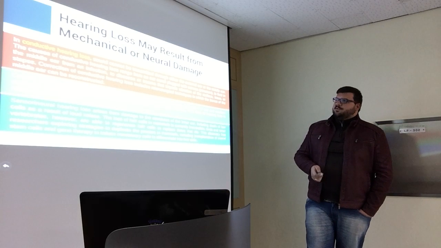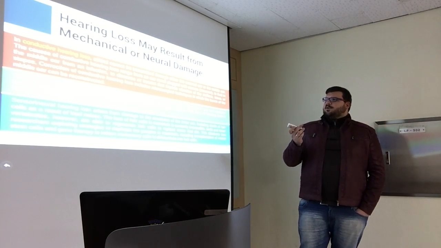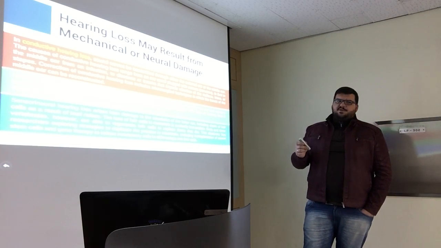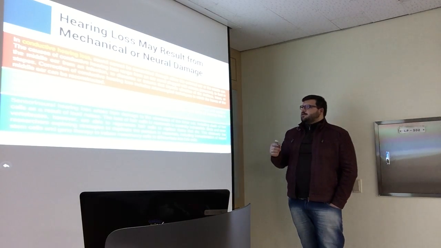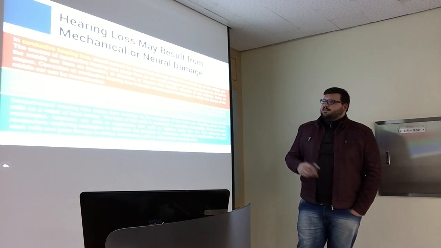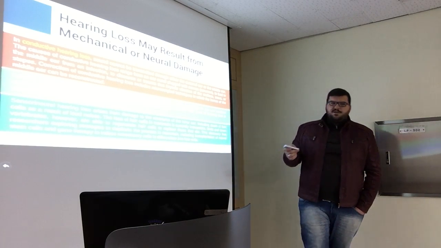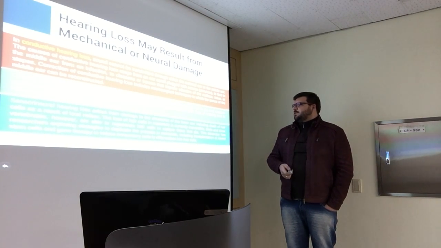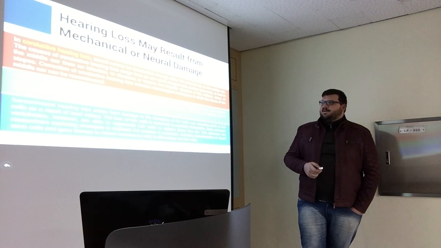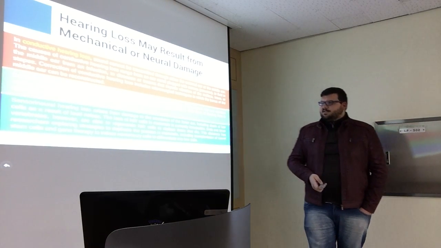Hearing loss may result from mechanical or neural damage. In conductive hearing loss, the sound cannot be transmitted through either the external ear or middle ear. And there's central hearing loss that results either from damage to the neural pathways between the ear and cerebral cortex, or from damage to the cortex.